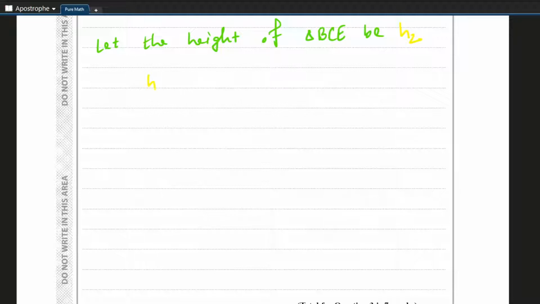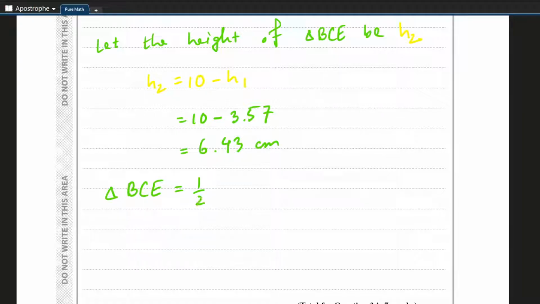So H2 is basically 10 minus H1, 10 minus 3.57. 10 minus 3.57 is 6.43 centimeters.